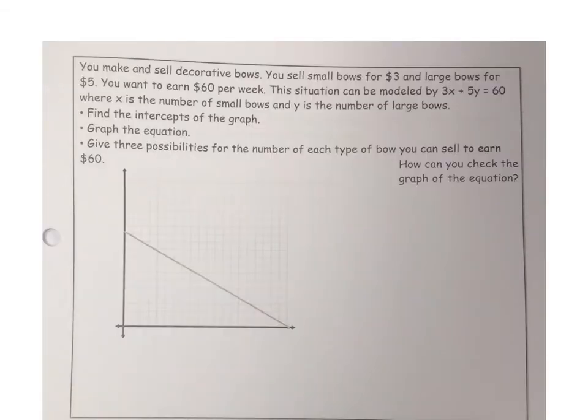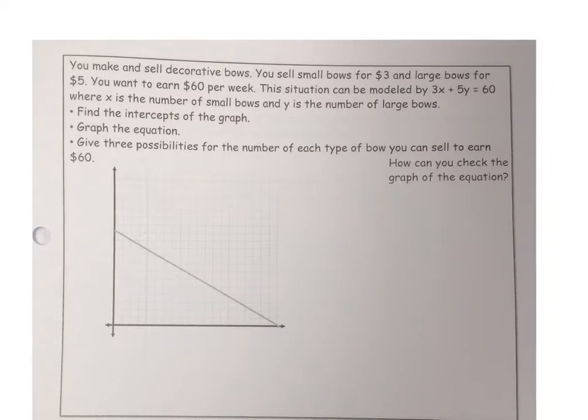So this is a word problem, so just to practice those. It says here, you make and sell decorative bows. You sell small bows for $3 and large bows for $5. I'm guessing those two things will be really important, so I'm going to underline them. So small bows and large bows. You want to earn $60 per week.